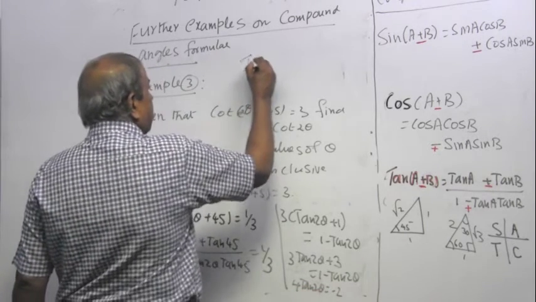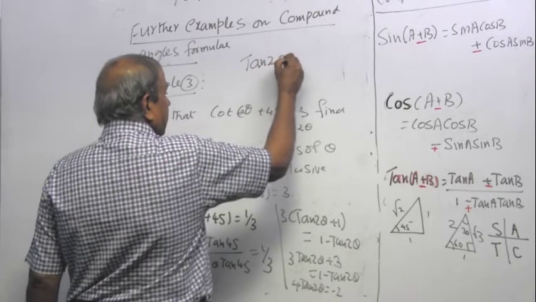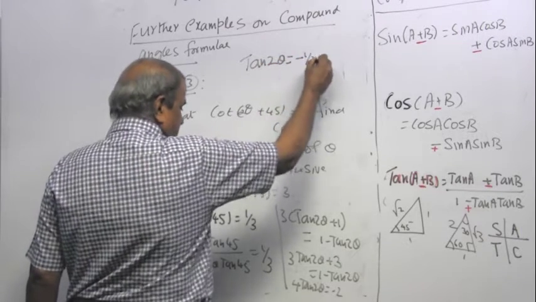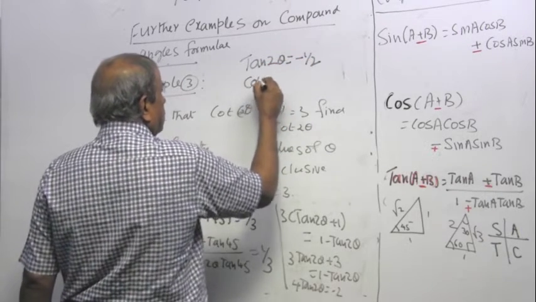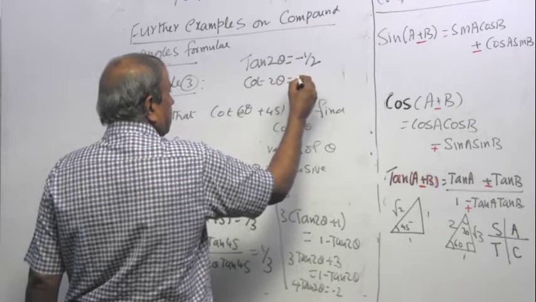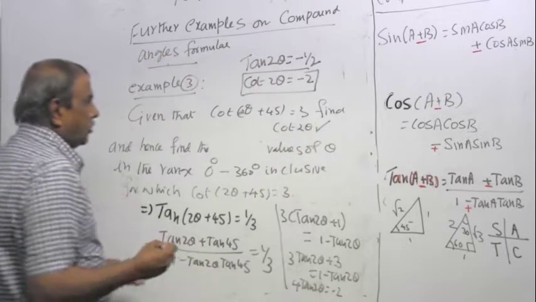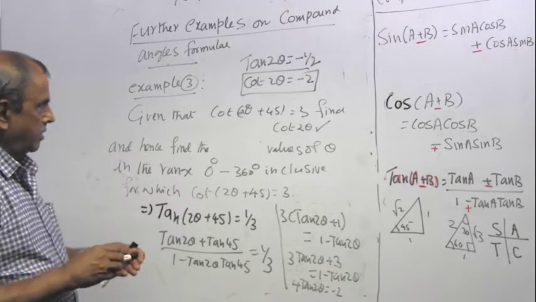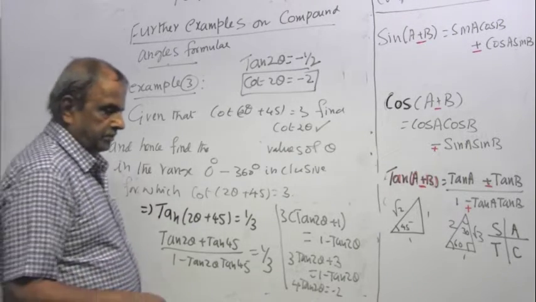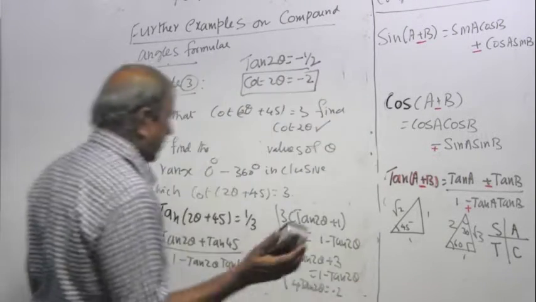So I end up getting tan 2 theta equals minus half. So cot 2 theta is equal to minus 2. You are asked to find the value of cot 2 theta: cot 2 theta equals minus 2. That's how you apply the formula.